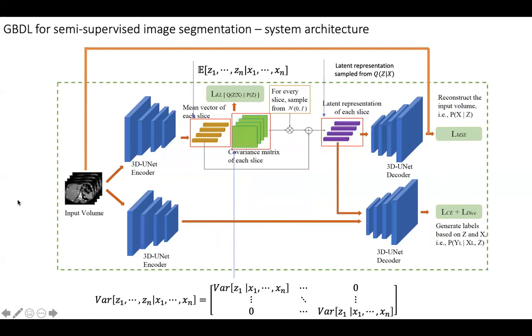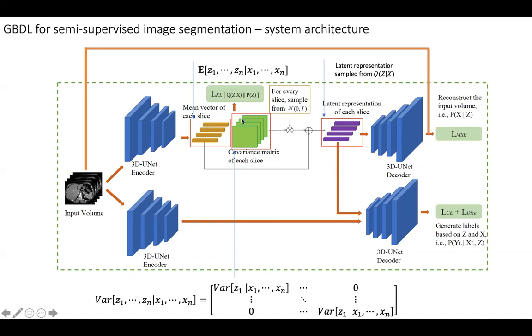First, here is the system architecture of this approach. Given an input volume, you can think of it as a sequence of images. This sequence of images will go through a 3D U-Net encoder, and we get a sequence of mean vectors, where each vector corresponds to one image slice.